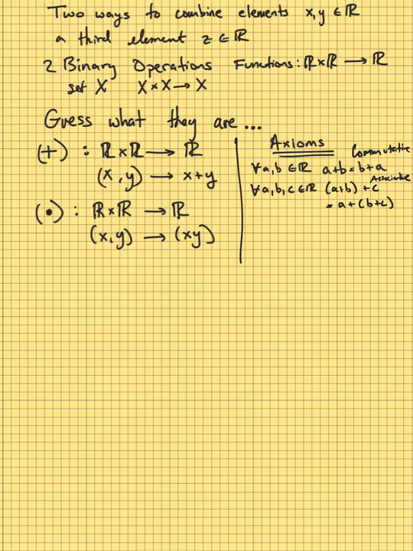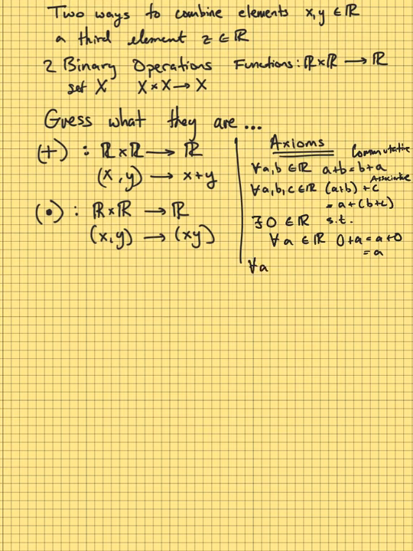The other crucial property is that there's an identity for this operation, which means that there's an element, which is 0, so that for all a in R, 0 plus a is a plus 0, which is just a. And the other one, of course, is that there's an inverse.